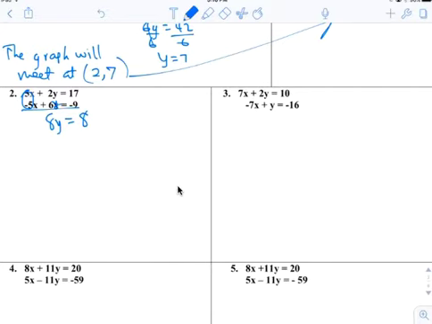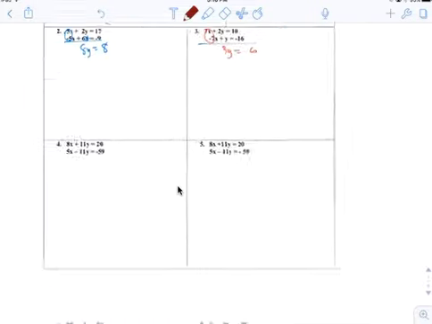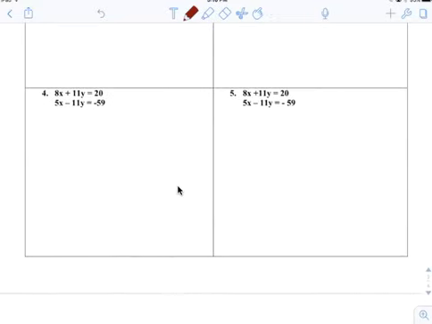And y is 1, and you do the rest. Same thing here. The 7, this is 0, that gives you 3y equals -6. These are all very similar. Same question on 4 and 5, so delete that.